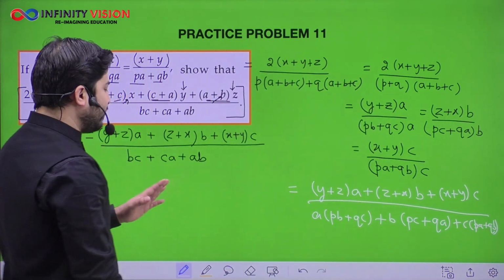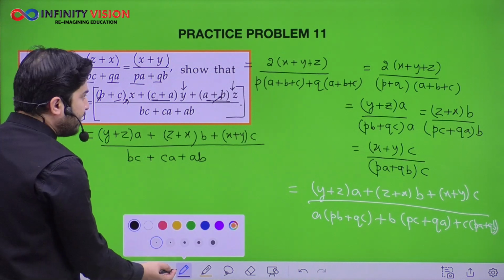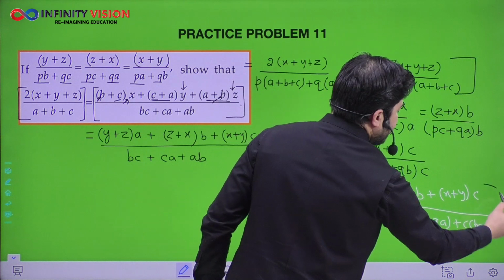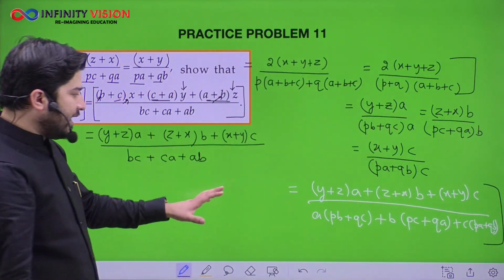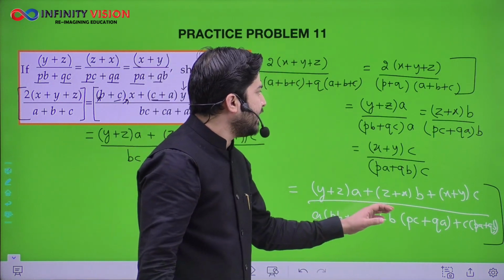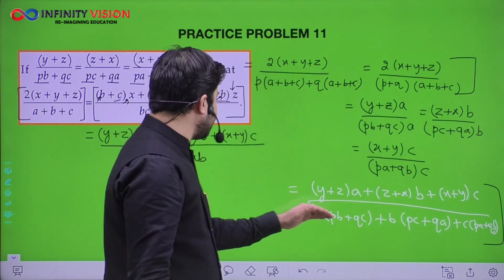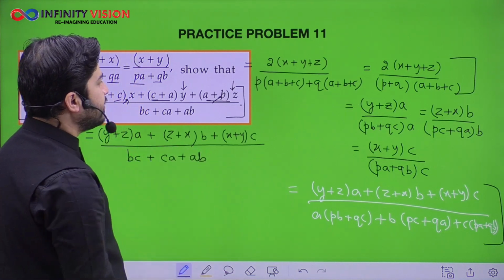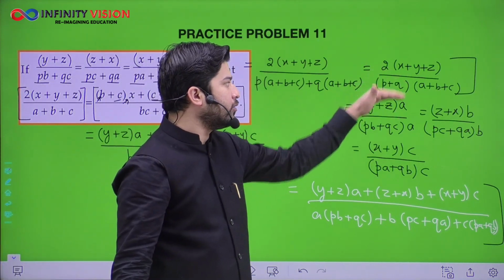So what I have been able to do is prove that this is equivalent to this. So what I need to work on is my denominator. If I am able to write my denominator as something like (bc plus ca plus ab) into (p plus q), things would be done because p plus q would come out common.